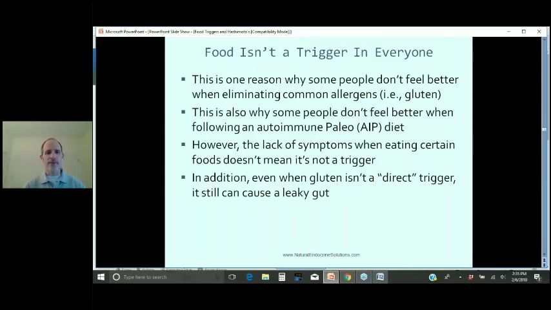In addition, even when gluten isn't a direct trigger, it can still cause a leaky gut. That's what I was getting at before: even if you're not sensitive to gluten, or if you don't feel better when eating gluten, ideally you want to avoid it. The evidence, discovered just a few years ago, shows that gluten pretty much causes a leaky gut in everyone, not just those with autoimmune conditions such as Hashimoto's.